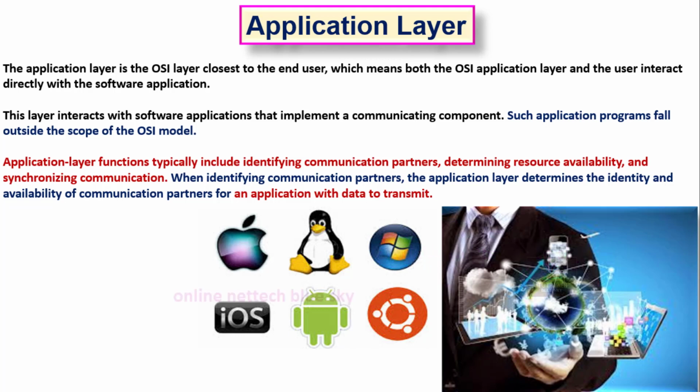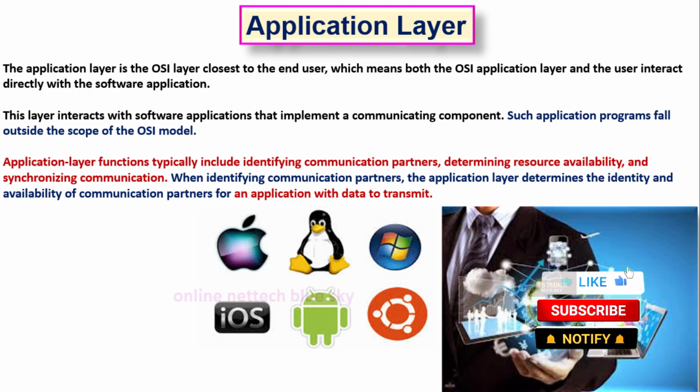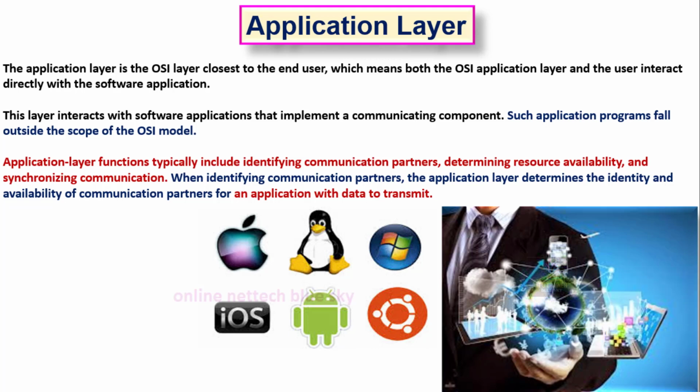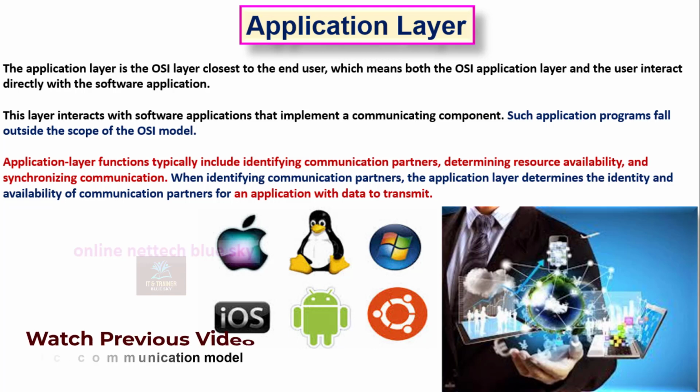You can open it in Photoshop or Microsoft Paint. That is a specific kind of identification, just like MP3 and MP4. You cannot open MP3 data in Microsoft Word; you need a media player. Without a media player you cannot start it. That is the communication partner aspect of the application layer.